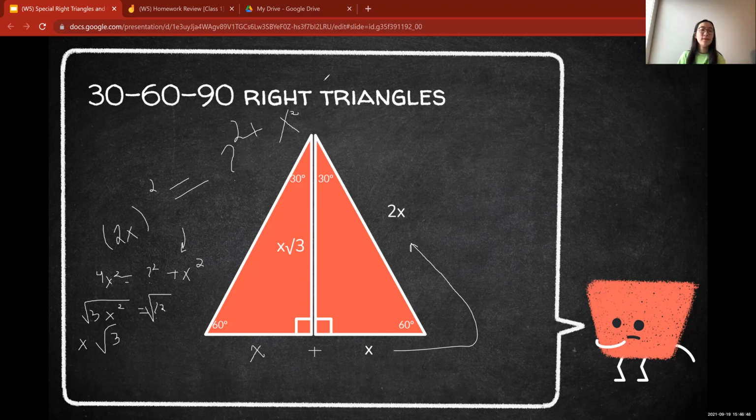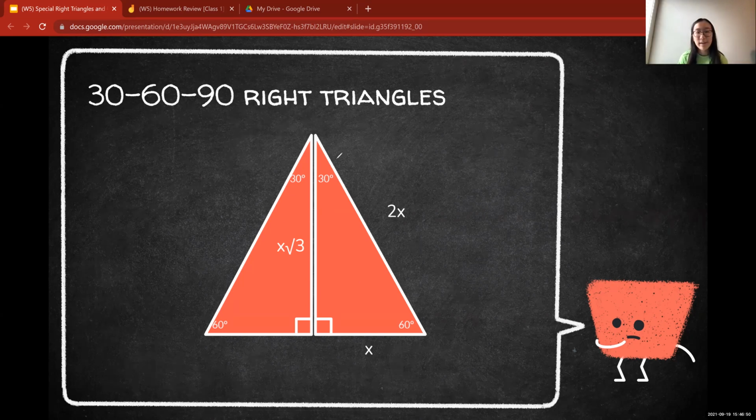Okay, so 30-60-90 right triangles have a special relationship where, as you can see, basically look at one half of that triangle right there. The short leg is length x, and that's half the length of the hypotenuse, which would be 2x. So for example, if that short leg x equals 3, then the hypotenuse is 6. And then finally, we have the long leg, which is the side opposite of the 60-degree angle.